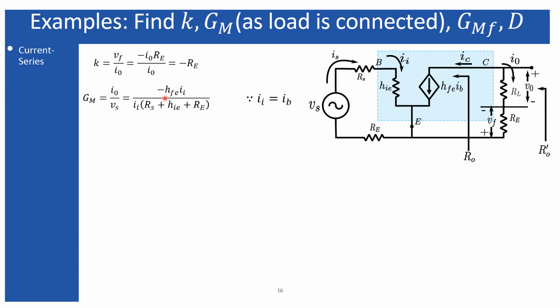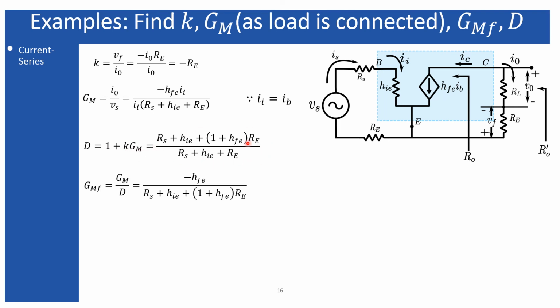So that is why minus is appearing over here. Now for Vs, just apply KVL over here: Ii or Ib times Rs plus hie plus Re. So from here Ii gets cancelled, and the desensitivity factor can be obtained by the expression 1 plus K times GM. So this will be the desensitivity factor.